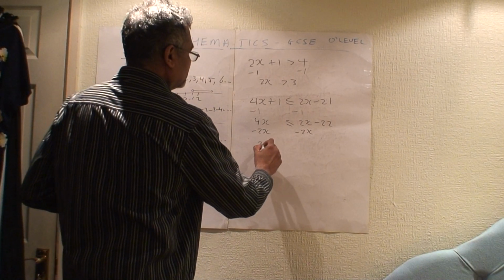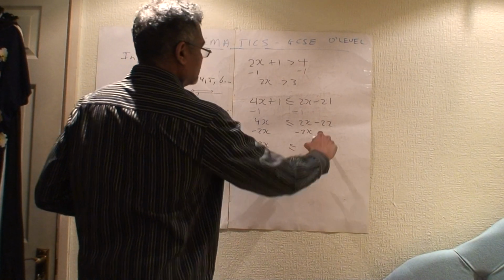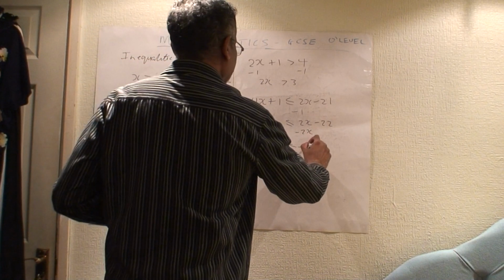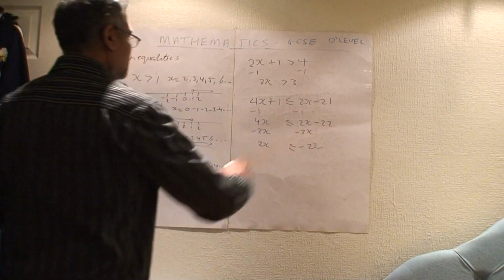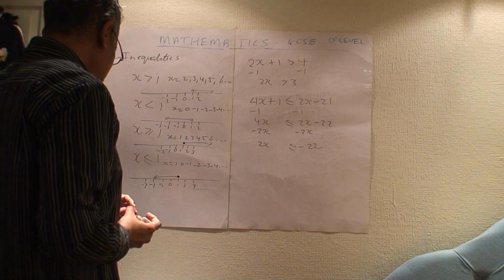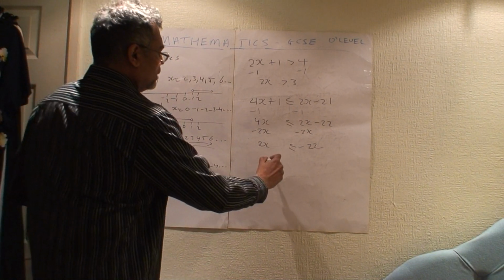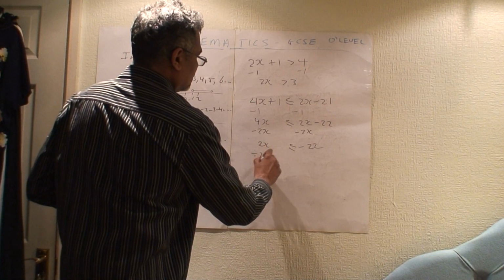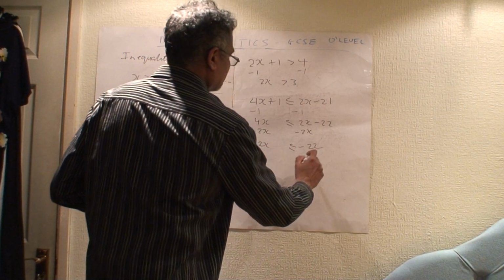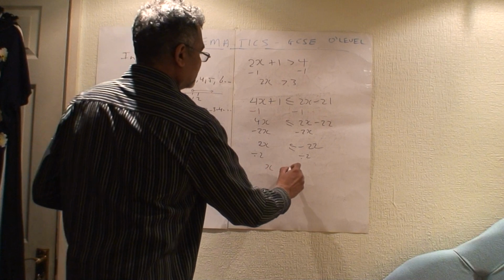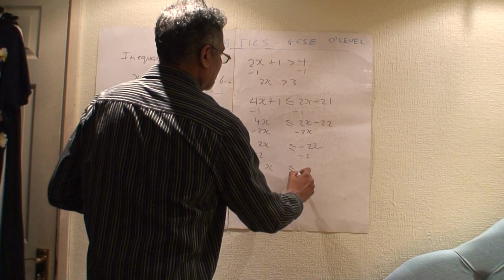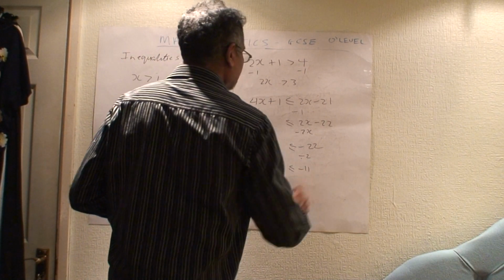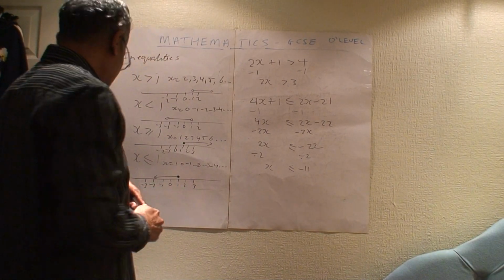Okay, so we're left with 2x less than or equal to minus 22. To find x, we divide by 2 on both sides. So we're left with x is less than or equal to minus 11.